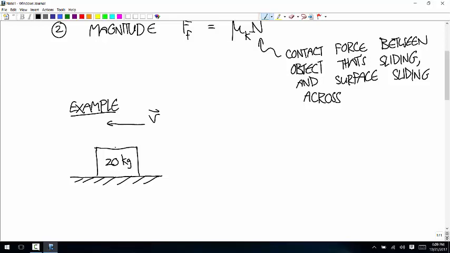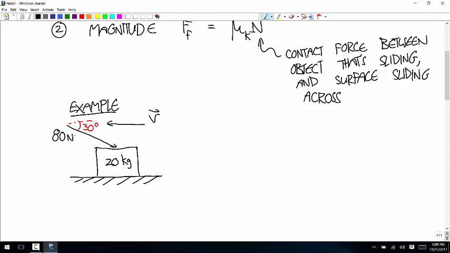And there's a force applied to the box pushing it this way, where this angle is 30 degrees. And the magnitude of this force is 80 newtons.